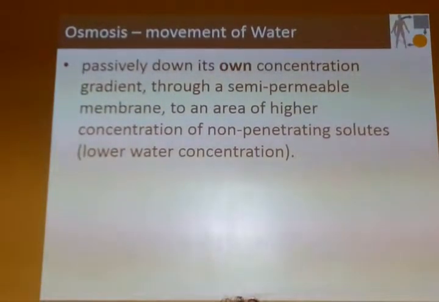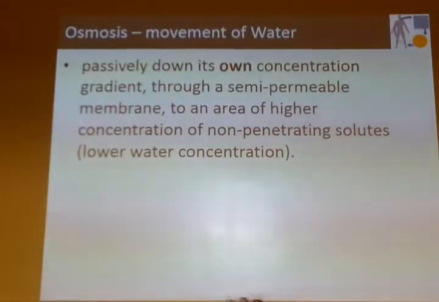It does go in, but it's being consumed, so it's acting as though this solution is hypertonic. So it's acting as though it's not penetrating, but it actually is. So it's not lysing the red blood cell because it's being consumed.